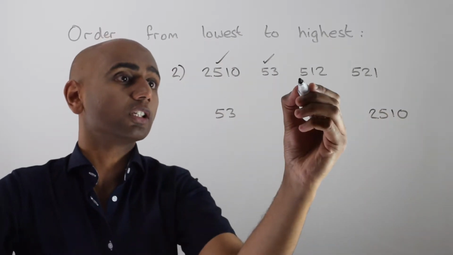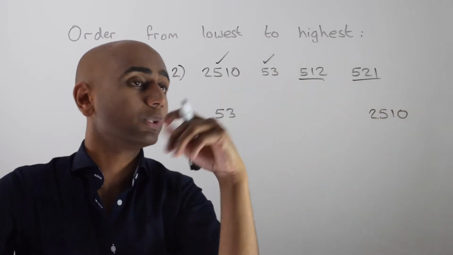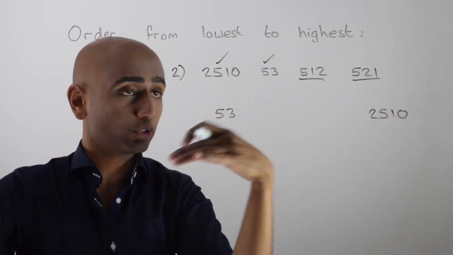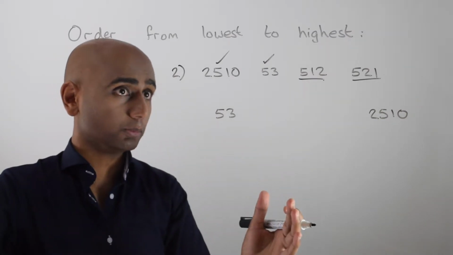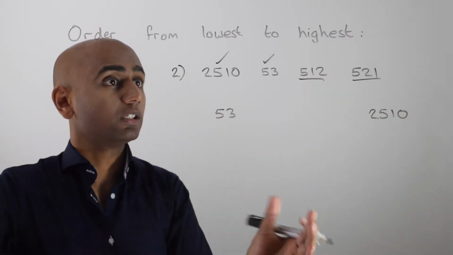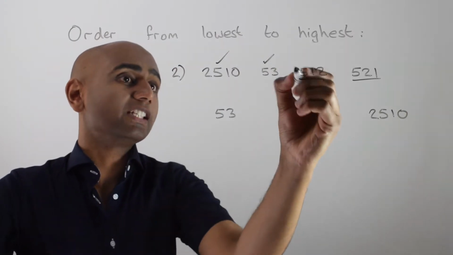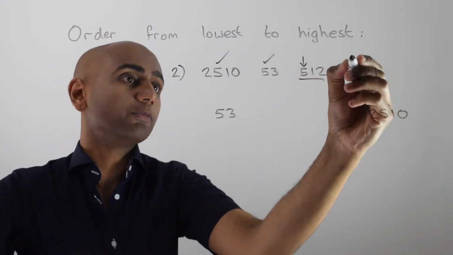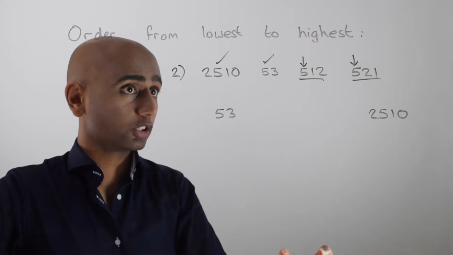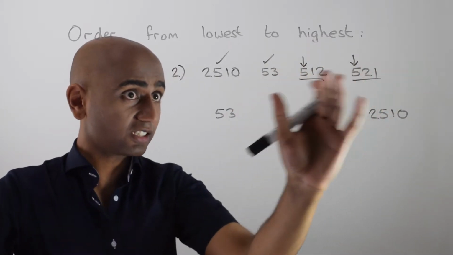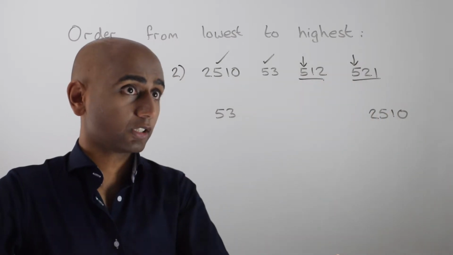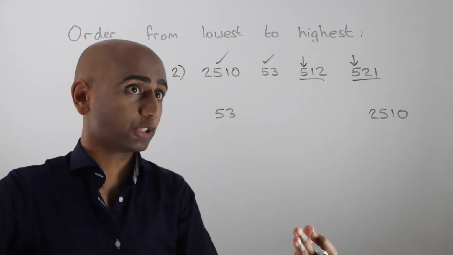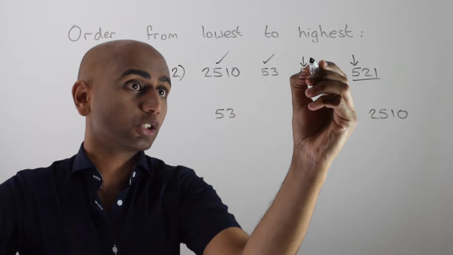Here we've got 3-digit numbers and we've got to compare those. Now if you remember what we did in question 1, we looked at the biggest place value columns when we're comparing numbers. In this case, they've both got a 5 in the hundreds column. So just by looking at the first digit, I can't tell which is bigger. So I've got to move on to the next place value column, in this case the tens column.